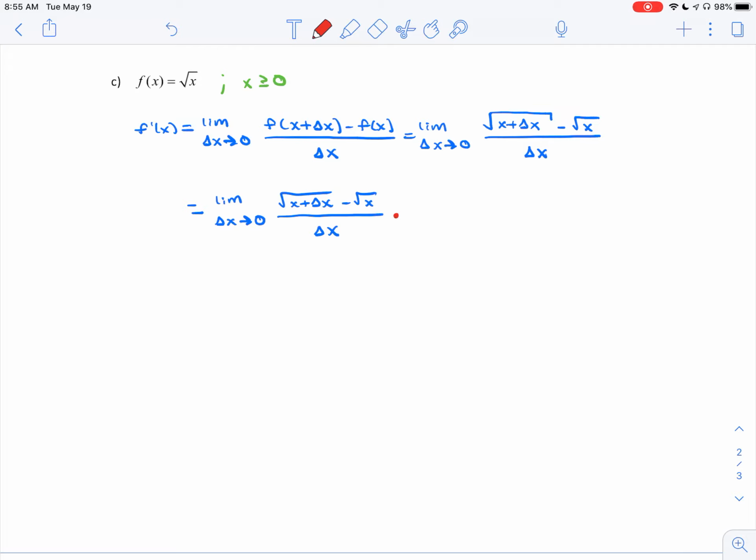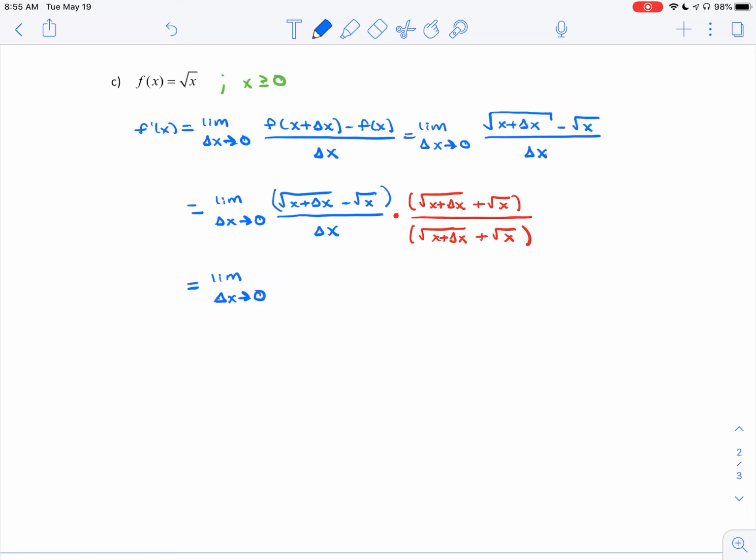So I'm going to multiply by the conjugate of the whole numerator. I'm just multiplying by the conjugate here so we can try and rationalize this. Okay, so then we'll need to multiply this out. And again, just carrying down that limit.